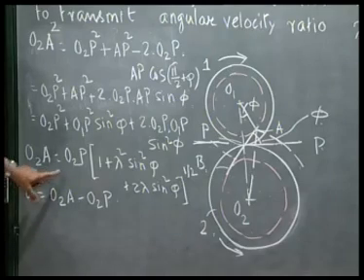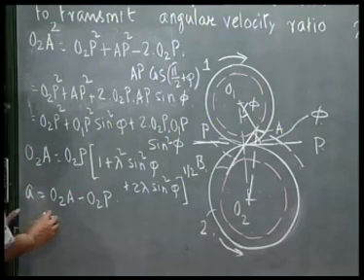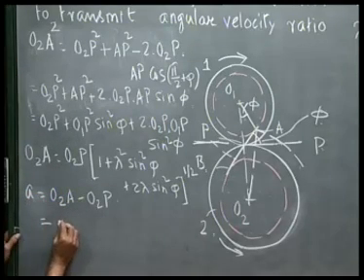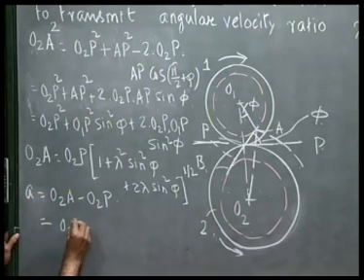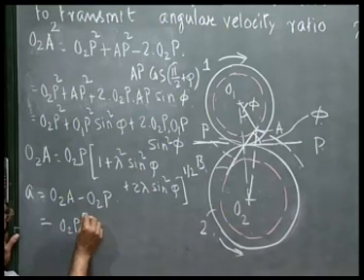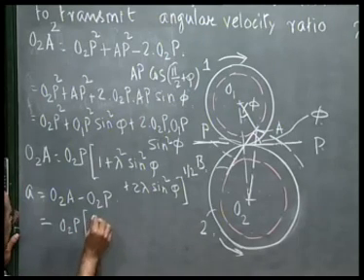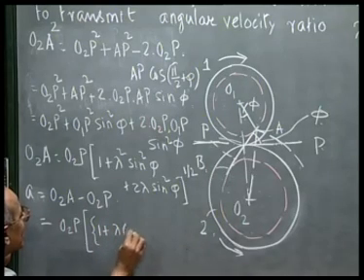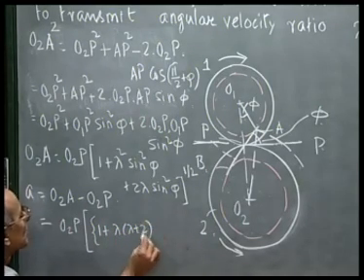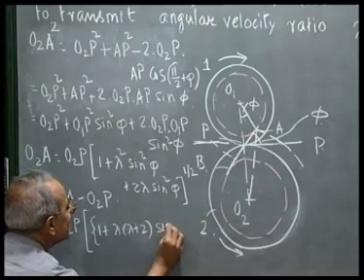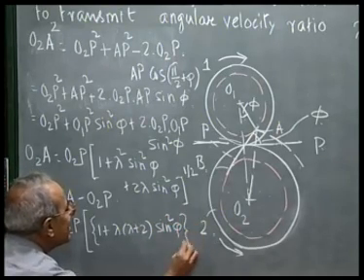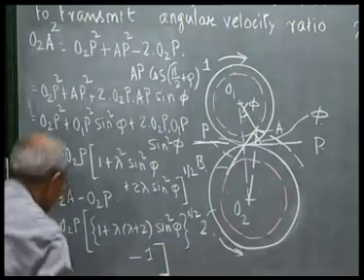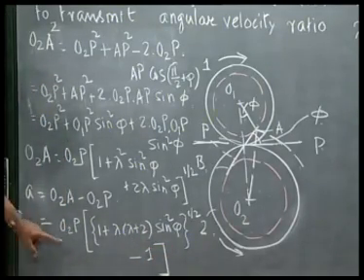So if I use this expression of O2A, I get this as O2P into, one plus lambda into lambda plus 2 sin squared phi, to the power half, minus 1. This is the expression for the addendum.